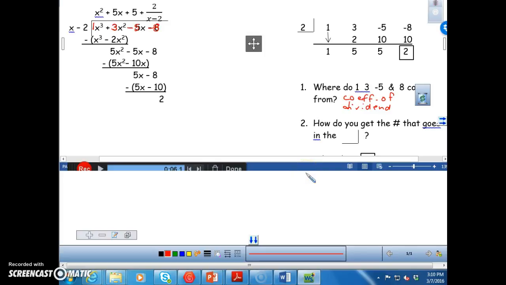Question 2. How do we get the number that goes in this little L shape? It's actually not the remainder, and I apologize that these are the same number, but look over here. It comes from the divisor. So if this says x minus 2, and we set the divisor to 0, what would x equal? 2.